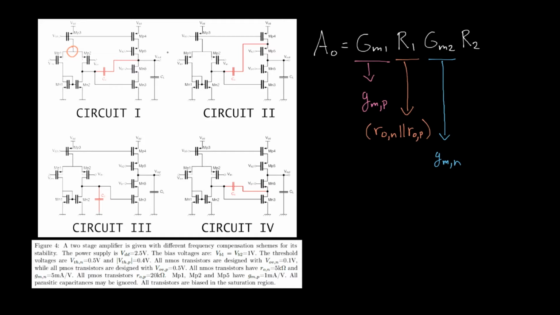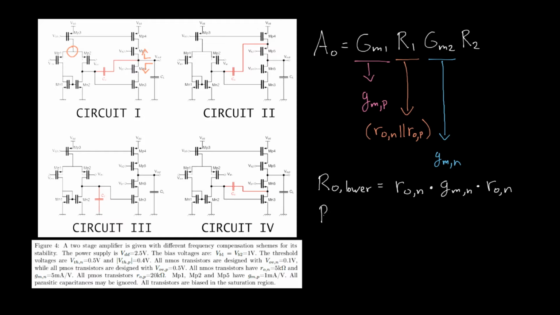These cascode transistors cause the output resistance of each of these branches. If we look closely, we can think of this output as having 2 branches, one moving up and one going down. Each of these branches will have an output resistance which is multiplied by the intrinsic gain of your cascode transistors. We can, for example, say that the output resistance of the lower branch would be the resistance of our Mn3, which is RoN, multiplied by the intrinsic gain of our cascode transistor, and that is GmN times RoN.